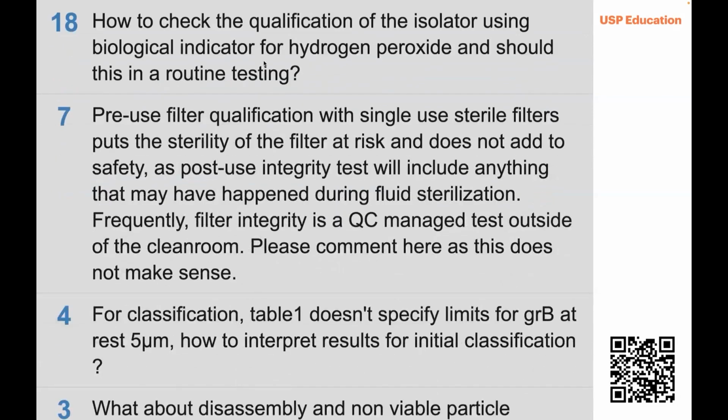How to check the qualification of isolators and biological indicators for hydrogen peroxide, and should this be in routine testing? Certainly, the biological indicator methodology for the qualification of the decontamination process of the isolator is a requirement. As for the frequency of that testing, I'm not familiar enough with this to tell you whether it's required.